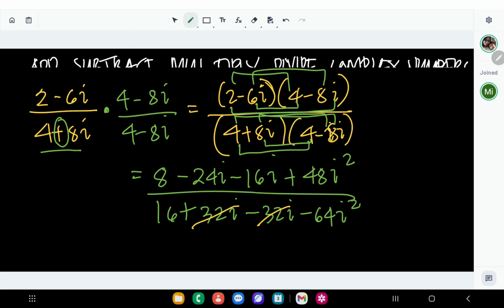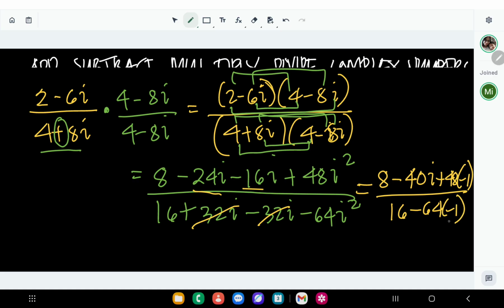And this cancels out, and we can simplify. So 24 plus 16. So this is 8 minus, what is 24 plus 16? That is 40. So 40i. Then plus 48 times negative 1. Then this is 16 minus 64 times negative 1.